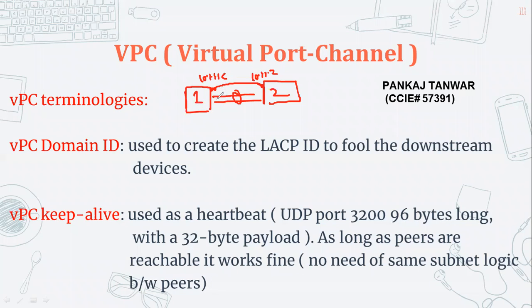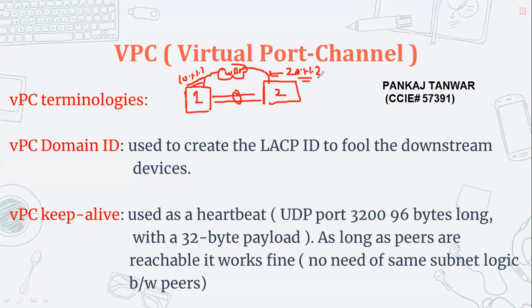You can also do it like this: instead of directly connecting the two VPC peer devices to form a VPC keep alive link, it's also possible that you have some WAN connection here, and you have some IP here, let's say 10.1.1.1, and here another subnet IP, let's say 20.1.1.2. As long as 10.1.1.1 and 20.1.1.2 are reachable, the VPC Peer Keep-alive link works perfectly fine.